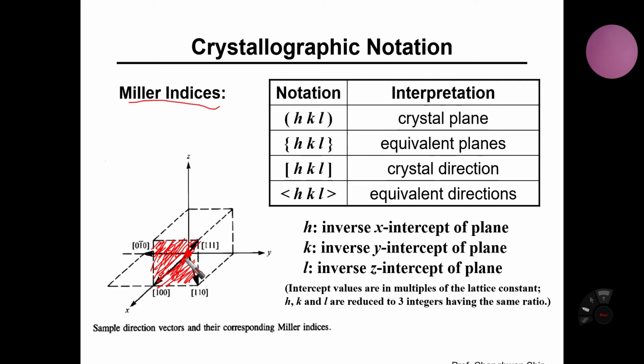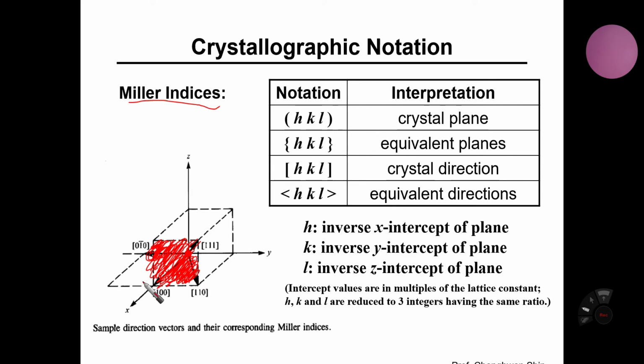So here is Miller indices. Now, what if you're interested in this front plane? What is the right expression for this red colored plane?